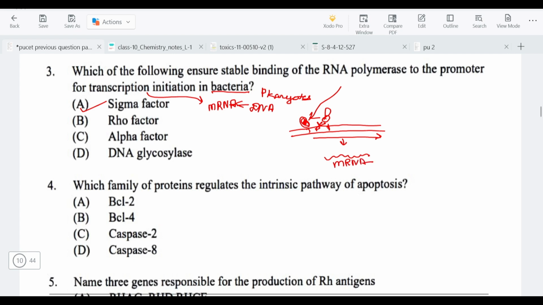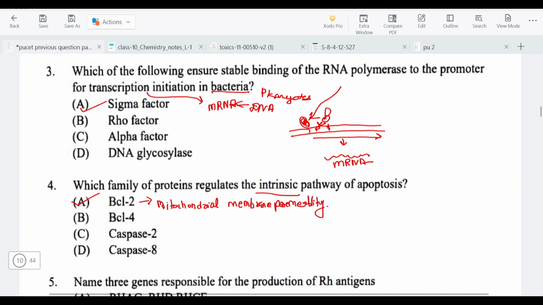Next question: which family of proteins regulates the intrinsic pathway of apoptosis? The answer is BCL2 family. These proteins regulate apoptosis by controlling what? These control mitochondrial membrane permeability.